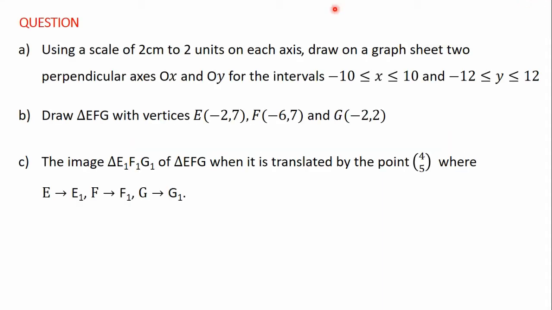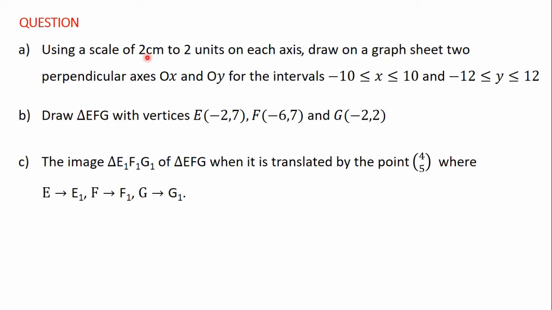The question for this video is: A. Using a scale of 2 centimeters to 2 units on both axes, draw on a graph sheet two perpendicular axes OX and OY for the interval x is between -10 and 10 and y is between -12 and 12.